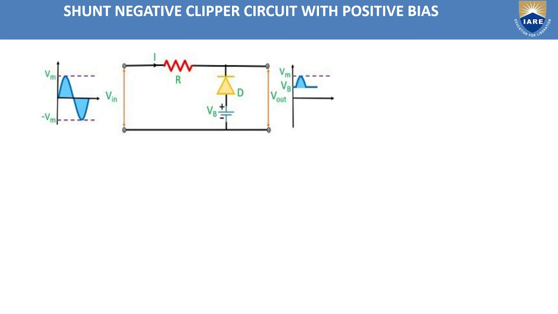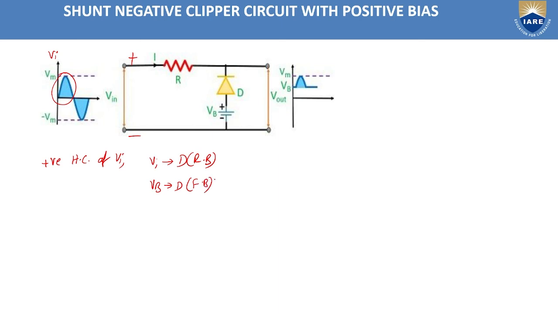To see the operation of this one, again I am considering my input voltage in the positive half cycle. In this, Vi is making the diode reverse biased, in off state, and Vb is making the diode forward biased, in on state.